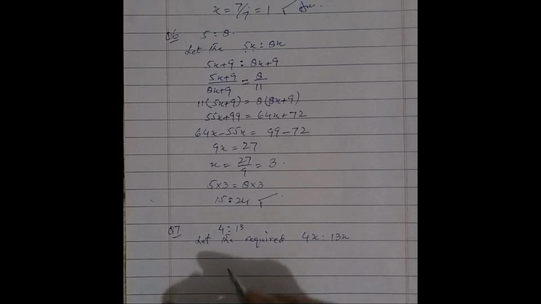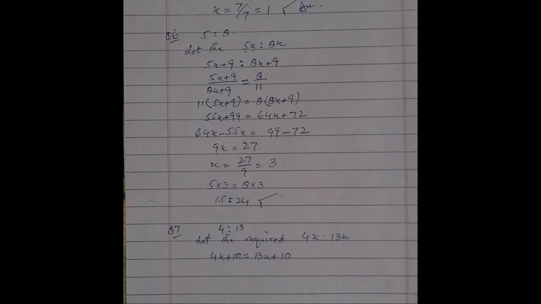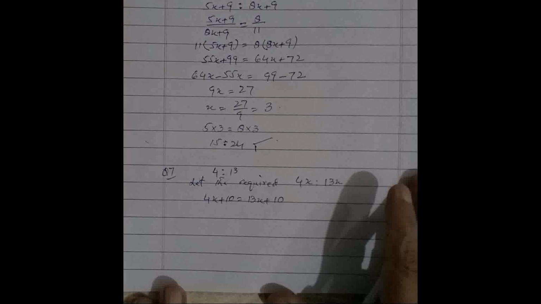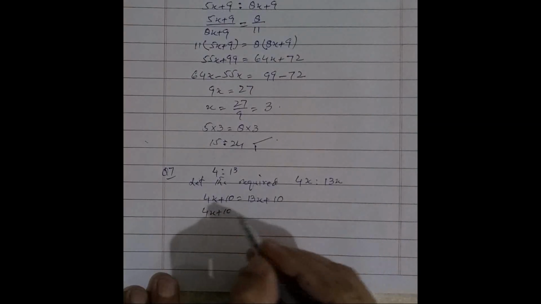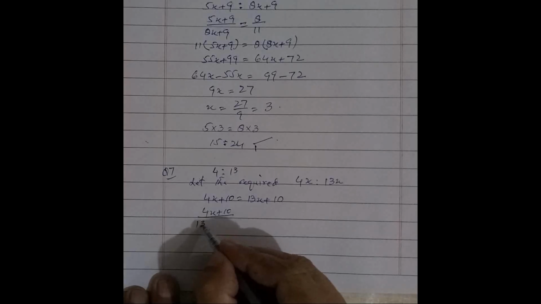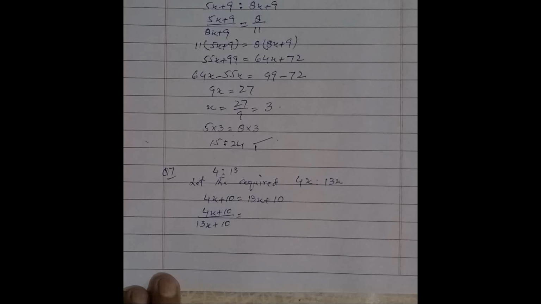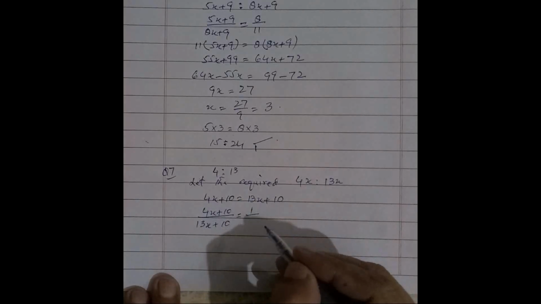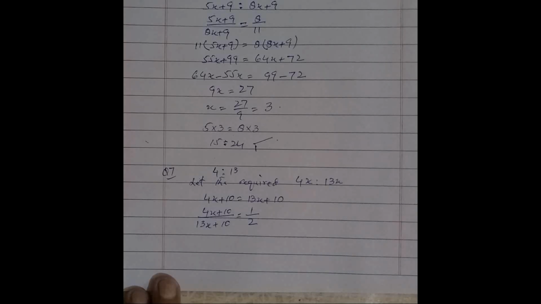If 10 is added, we add 10 to both the values: 4x plus 10 and 13x plus 10. Now we write them in the ratio form, which is (4x plus 10) over (13x plus 10), and it is equal to 1:2, which we write as the fraction 1/2.